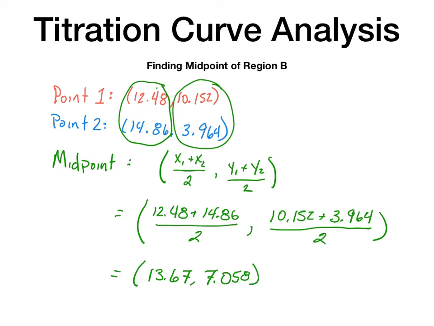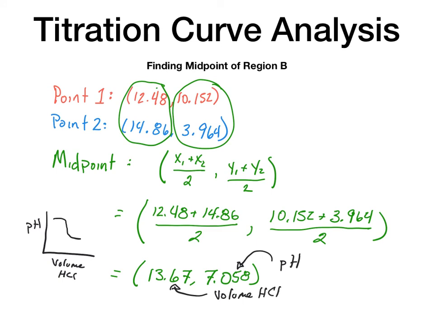And I know from my graph, when I graphed this titration curve, it looks something like this, I had volume of HCl on my x-axis and I had pH on my y-axis. And so that means that this y point corresponds to pH and this x point corresponds to volume of HCl.